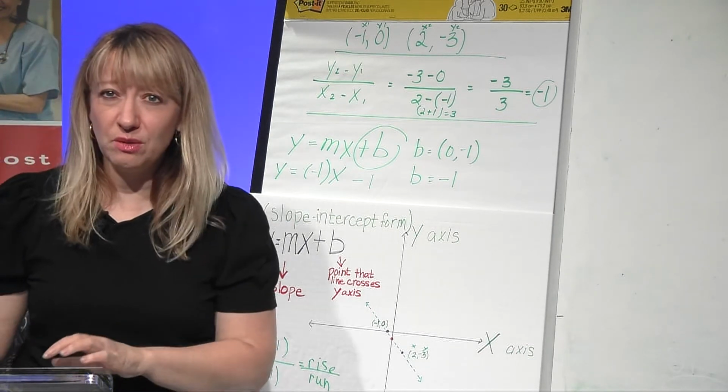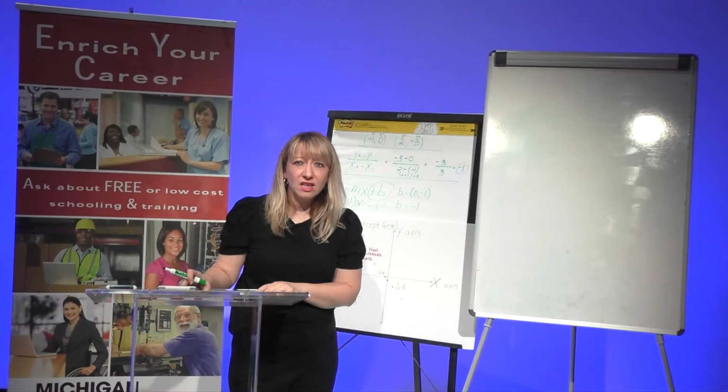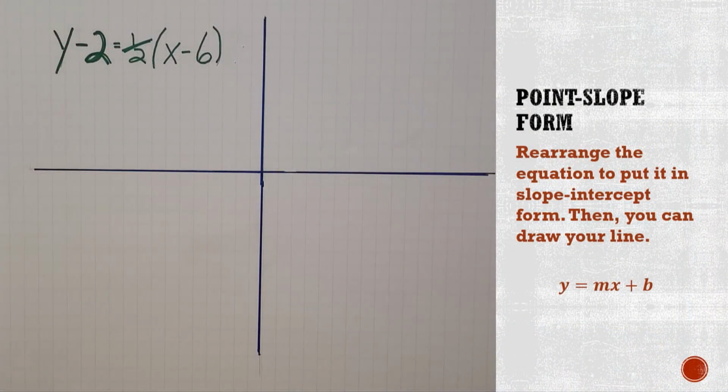The next example, we're still talking about slope, but the equation's presented in a different way. So we have to switch it around so that it looks like the one that we just did. So here is our next example.